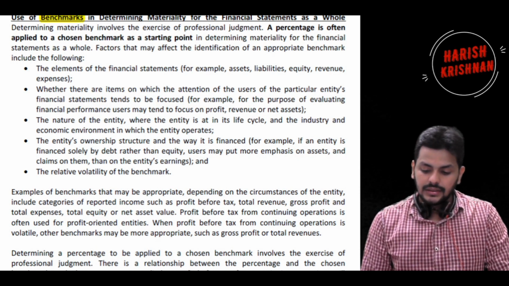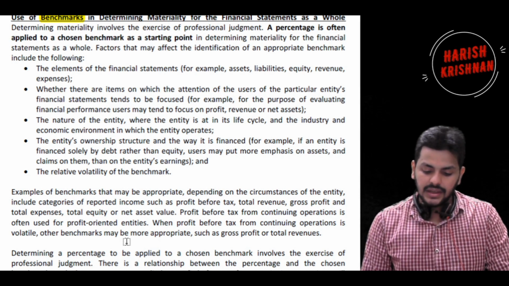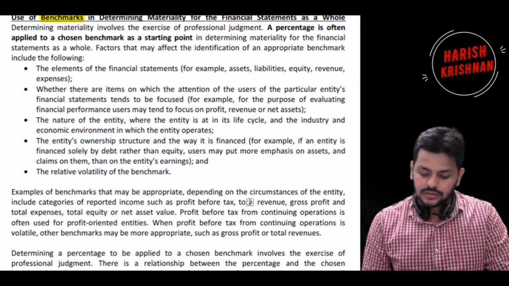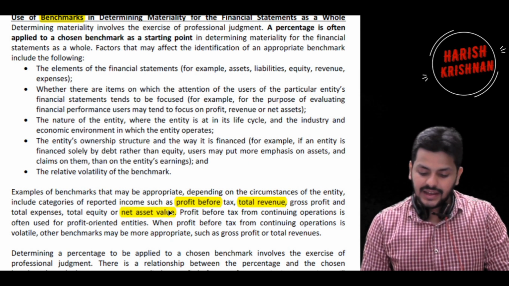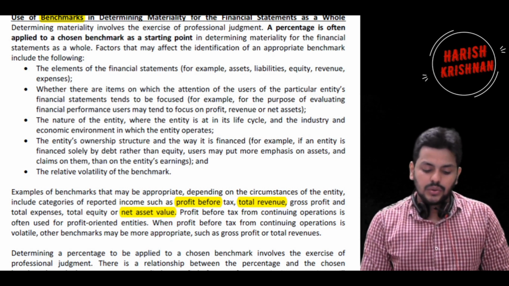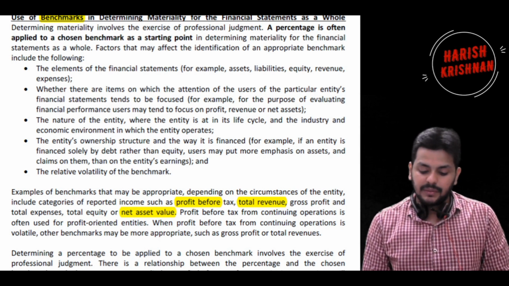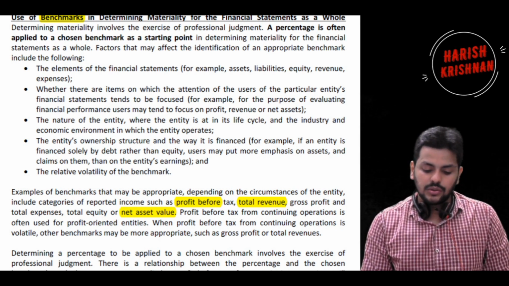So there again they gave the answers, the examples of benchmarks. Examples for benchmarks can be profit before tax, total revenue, net asset value, all these can be taken. So questions will be out of your book. You don't need any exclusive preparation for these MCQs is what I was actually trying to tell you.